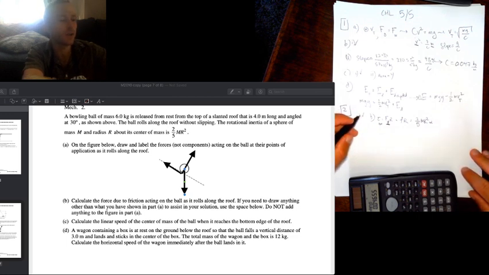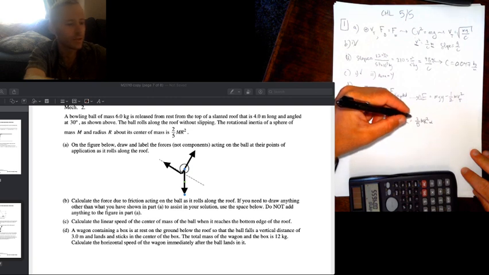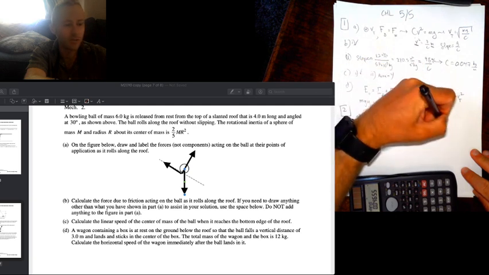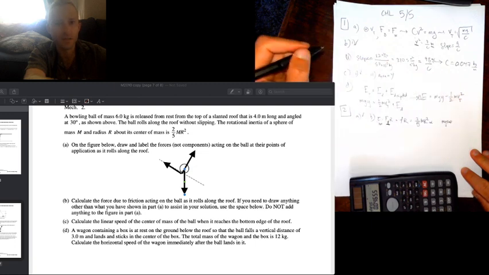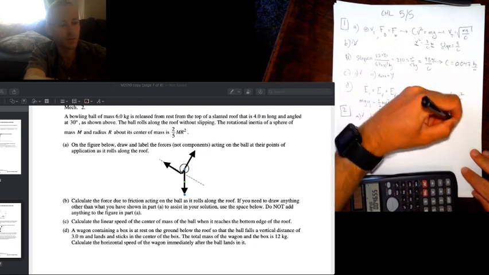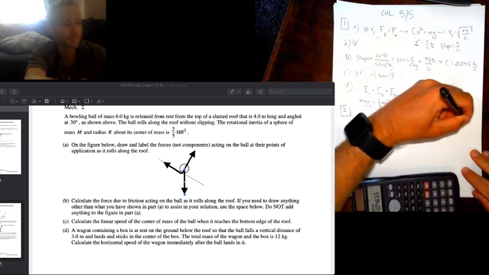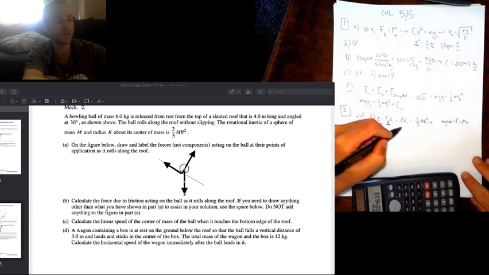Then I also have a linear form of Newton's second law, which says that in the y direction I have mg sine theta pulling the ball down the incline. I have friction opposing it, and that equals ma. So this is the rotational form of Newton's second law.